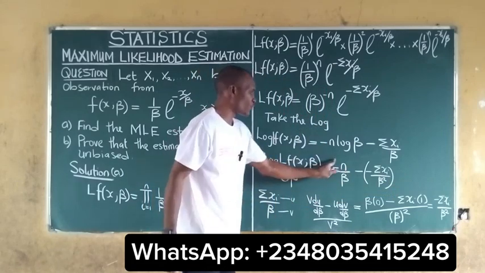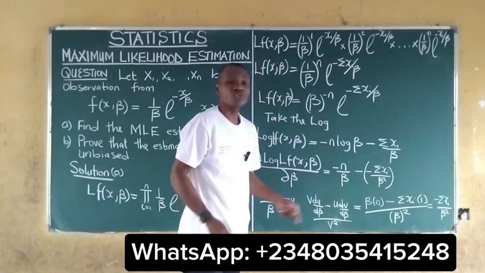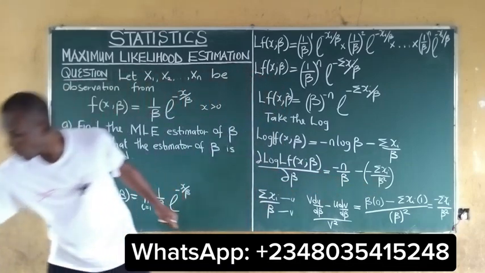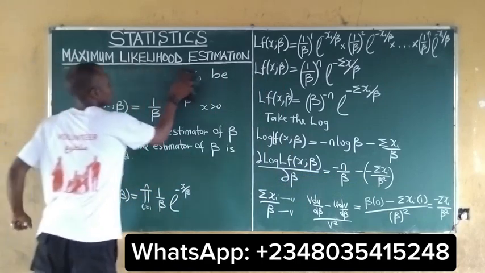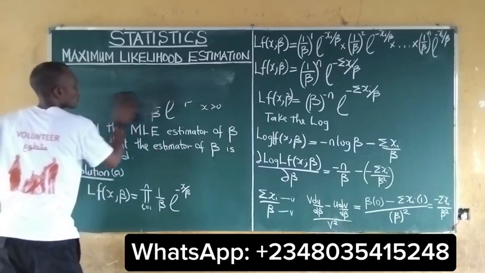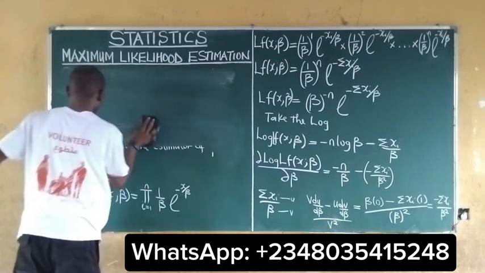The next thing to do is to equate the whole of this to 0.